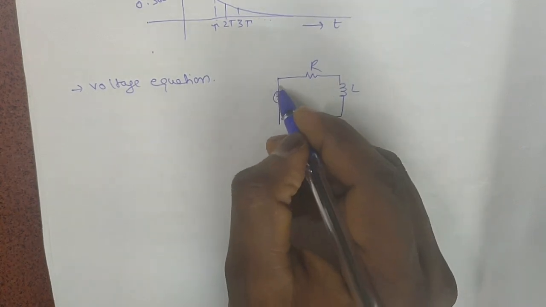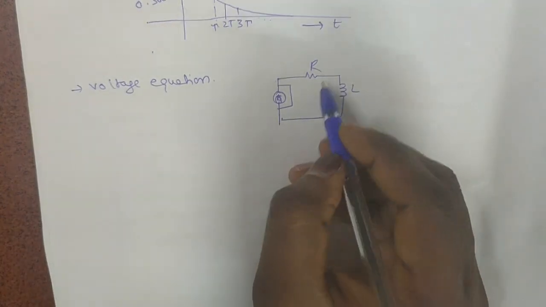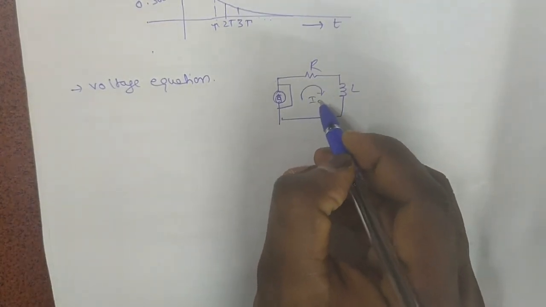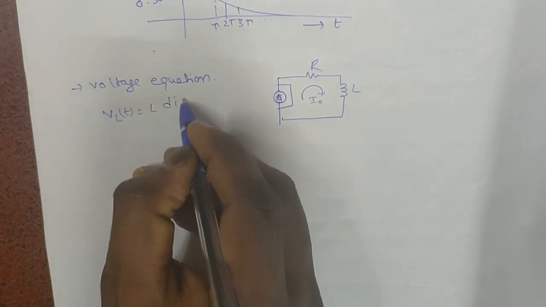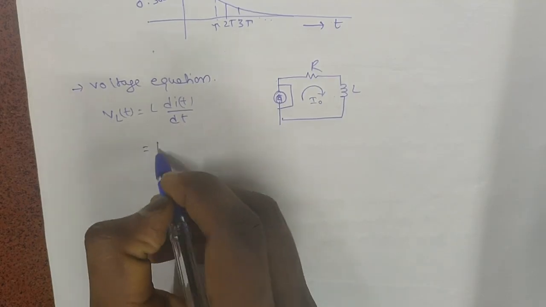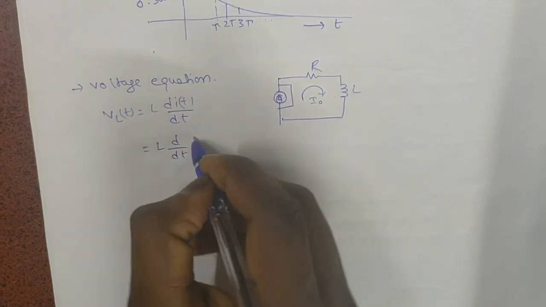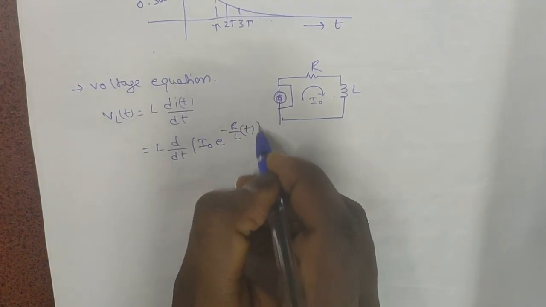As there is no source, we can short it like this. So I naught is flowing here, then VL of t is equal to L di of t by dt. The I expression we got is I naught e power minus R by L of t.